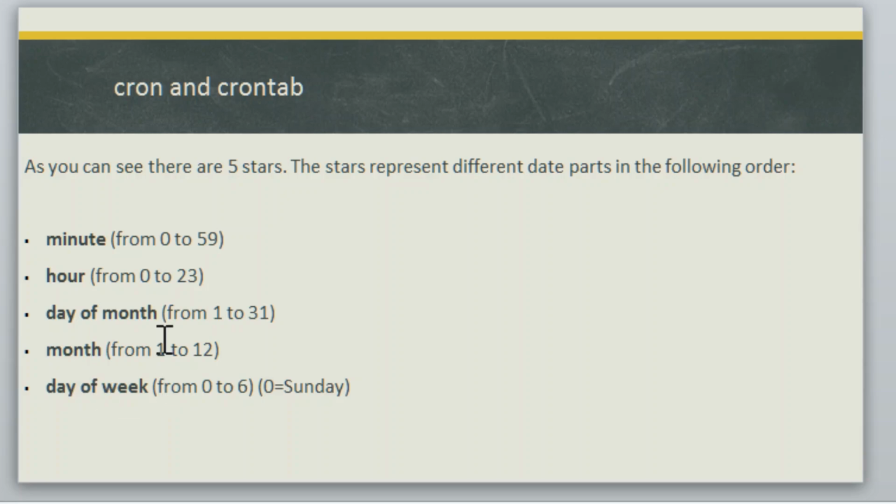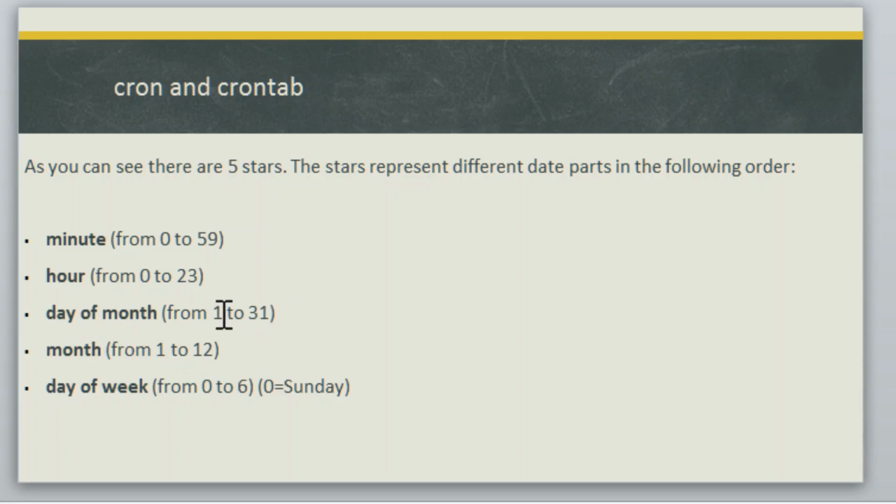So if I wanted to set something at 8:30 a.m. on Tuesday in February, the first Tuesday of the month, I would do 30, since we're doing 8:30, hour 8. Remember, it's in military format, so 8. So now it's 8:30. Day of the month, I would say the first one.